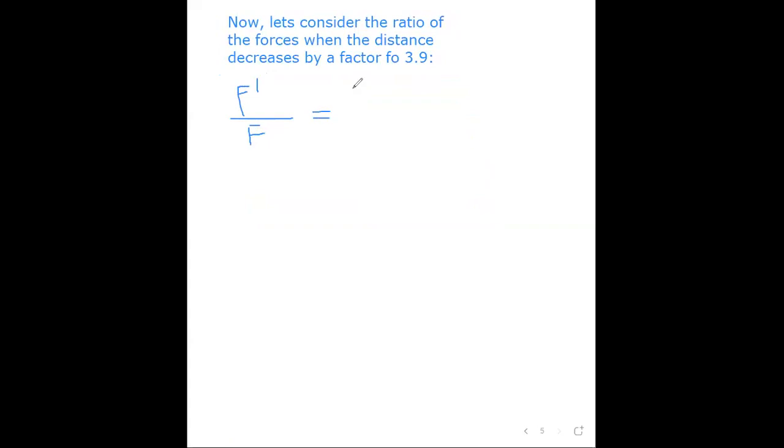So G M1 M2 all over R over N squared, and this is going to be G times M1 M2 all over R squared. It's just canceling out like terms.